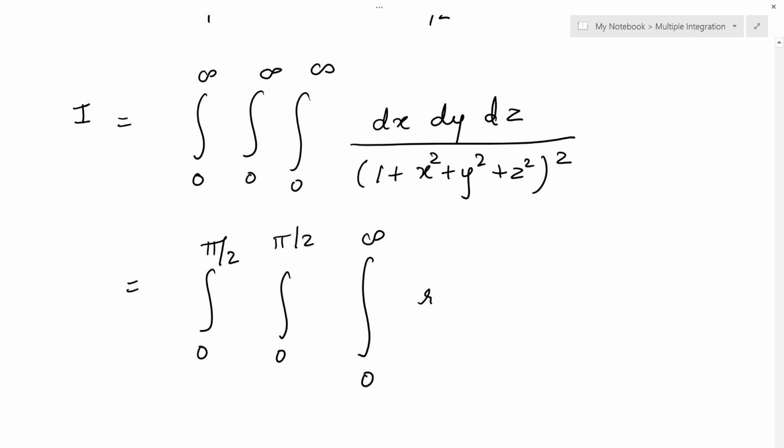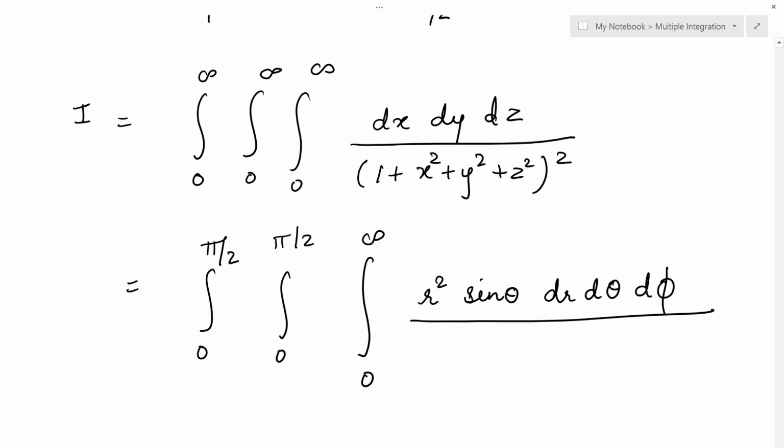This can be written as r square sine theta dr d theta d phi, and the denominator can be written as 1 plus r square, the whole square.